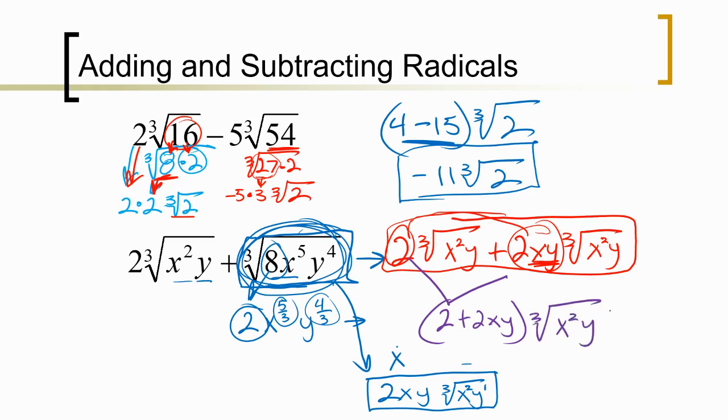I can't make it a 4. I can't put these 2's together because this 2 has an xy attached to it. So they're not like terms. So this, like I said, that problem wasn't very exciting except for figuring out how to simplify this second radical down to this.